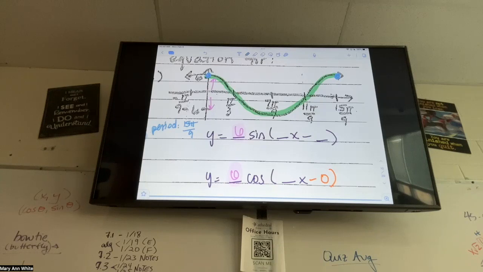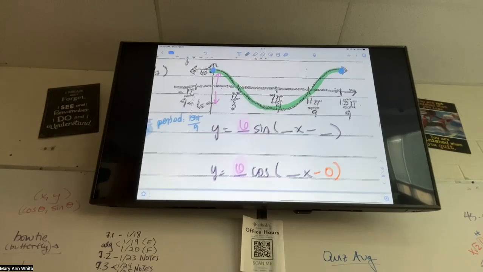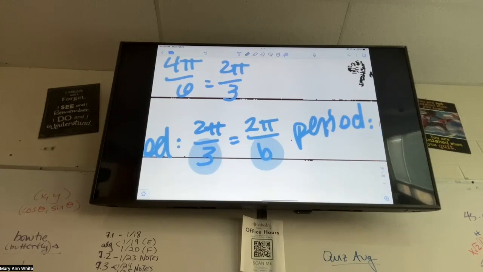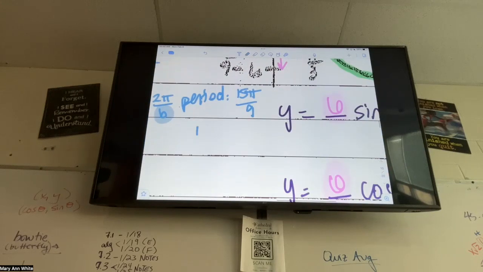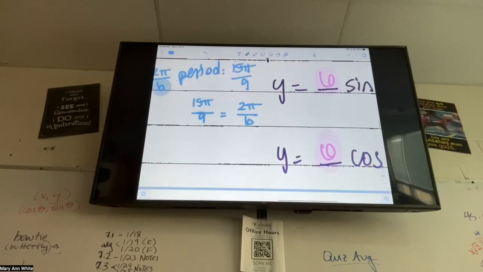Are you guys okay with that? Yeah. Okay, now the hard part is we have to figure out what b is. Because it's not going to be as easy as just looking at the equation like we did on the last one. This time, I have to think about doing 15 pi over 9 is equal to 2 pi over b. And we're going to have to solve for b. So 2 pi divided by something is going to give me 15 pi over 9. I just don't know what that is right now. So let's cross multiply and solve. So I get 15 pi b equals 18 pi.